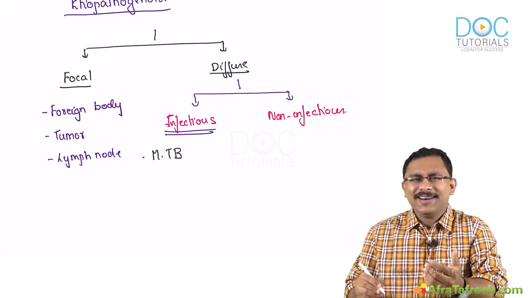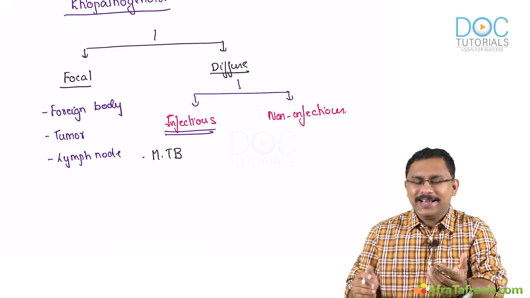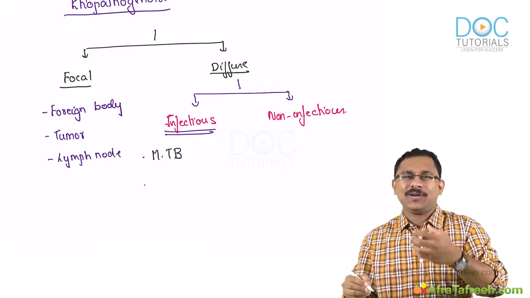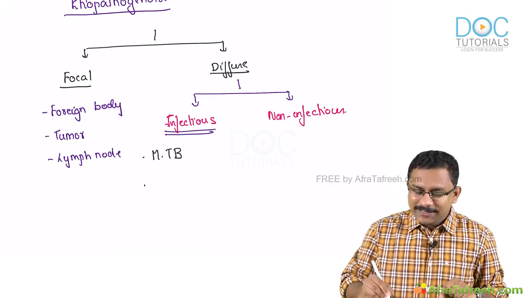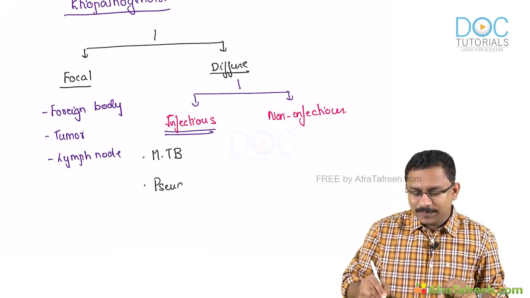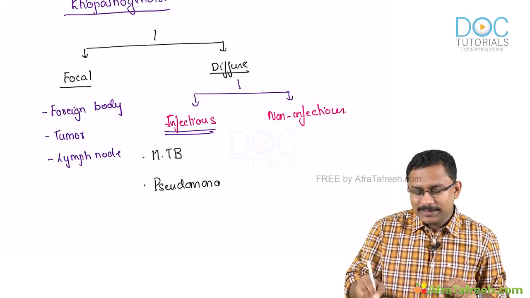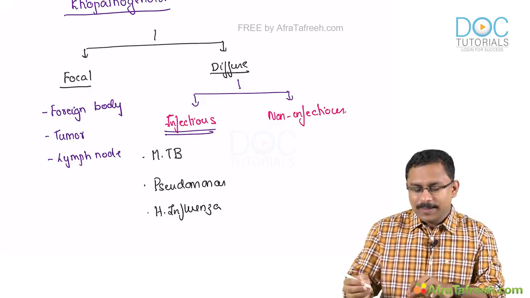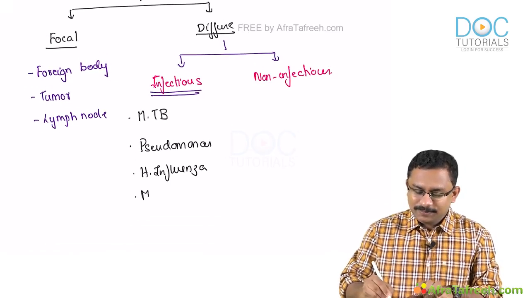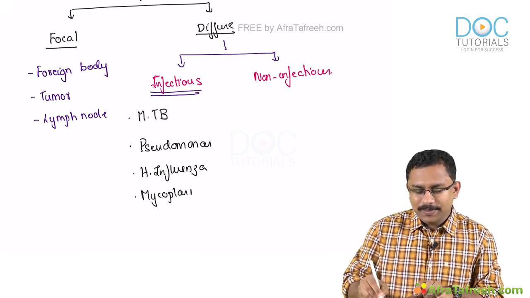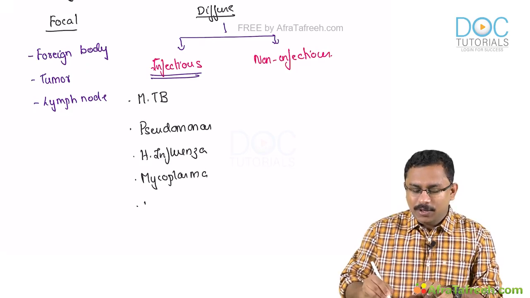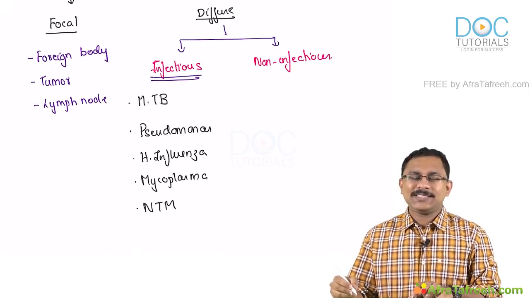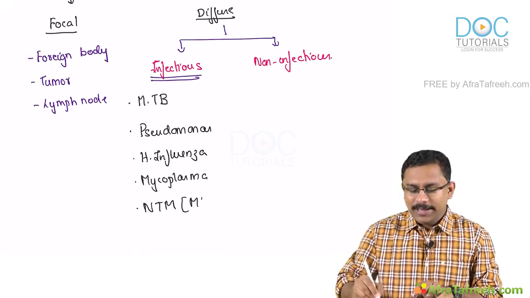You can have other infectious agents which are implicated as well. In the pathogenesis of bronchiectasis, you may have organisms like Pseudomonas, H. influenzae, Mycoplasma, as well as non-tuberculous Mycobacterium, NTM, especially your MAC.